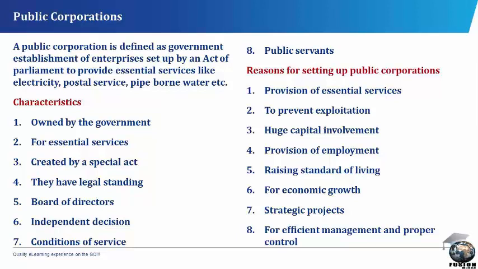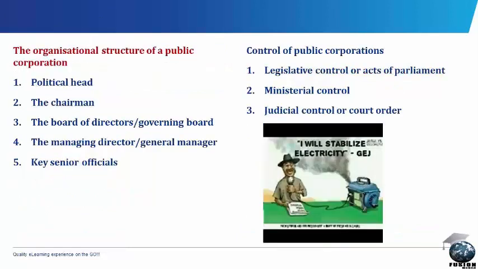Having looked into the reasons for the setting up of public corporations, we would also consider the structure of organization of a public corporation. Number 1, we have the political head.